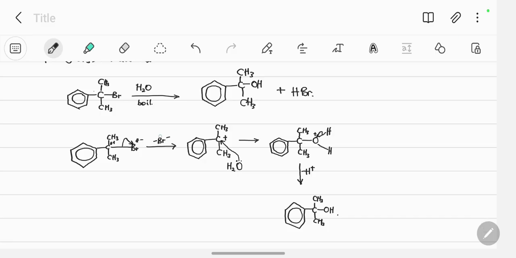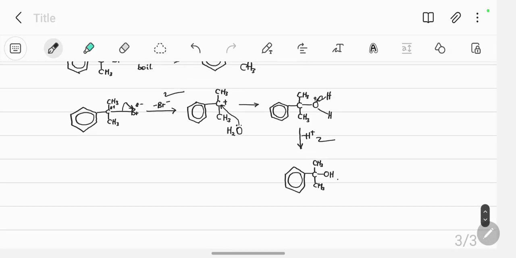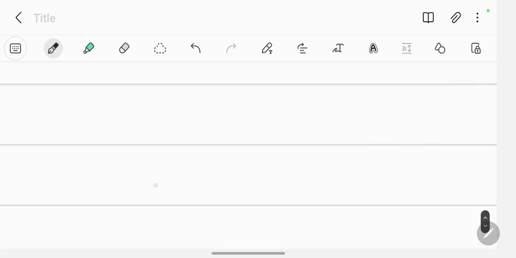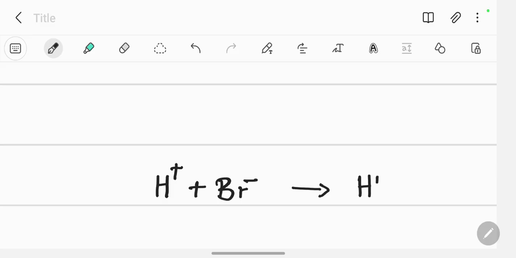Lastly, the last bromine has to react with that hydrogen. So I'm having my hydrogen plus Br, and I'm going to get hydrogen bromide as my end product.